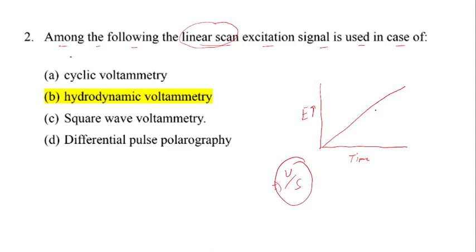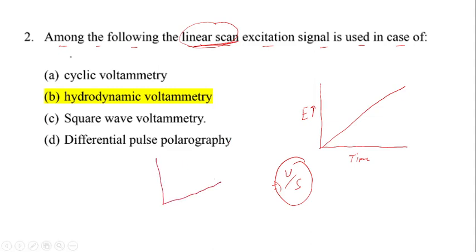So this is known as a linear scan. You are applying voltage in a continuous fashion, so that with respect to time your voltage increases. It helps you measure that a particular reaction is happening at a particular voltage, where it will give current.